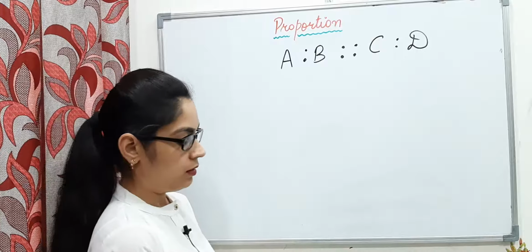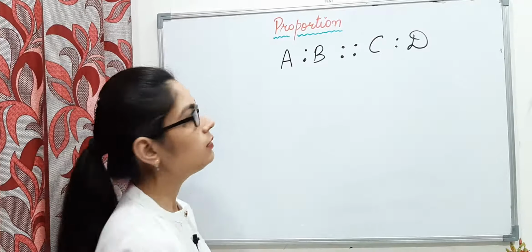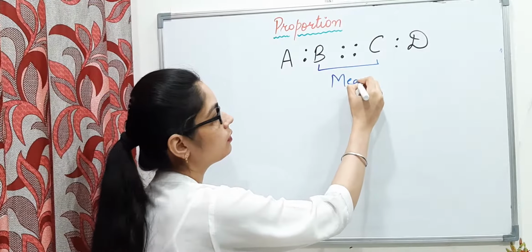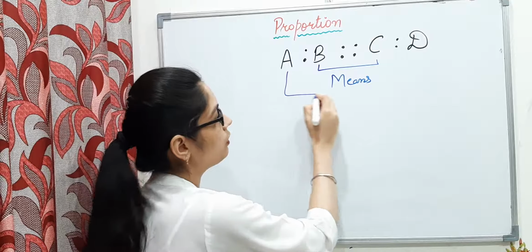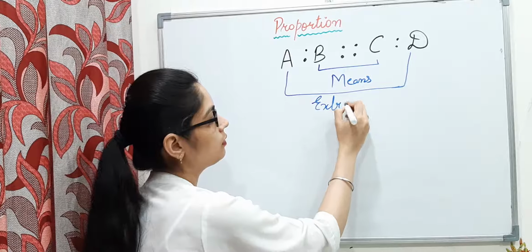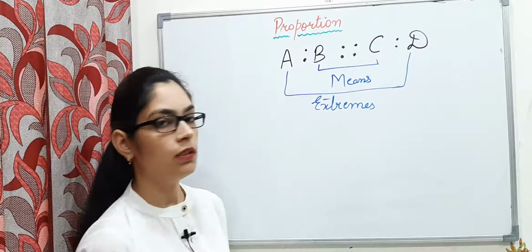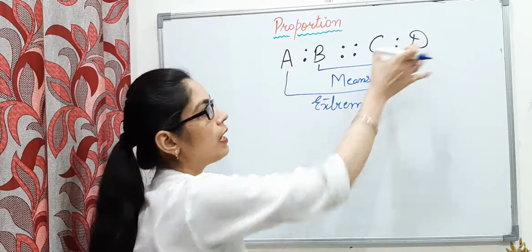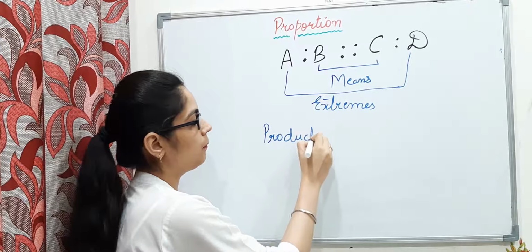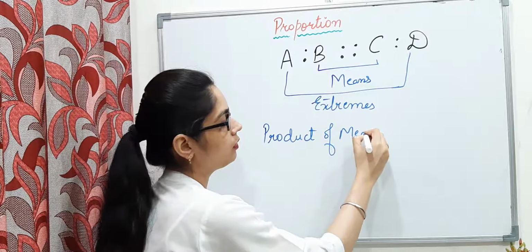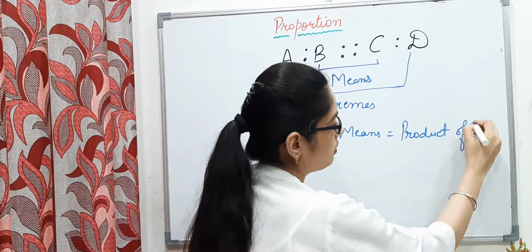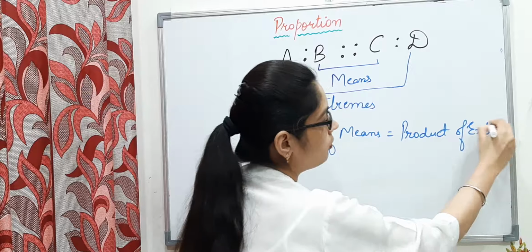See, these middle ones, B and C, are known as means, and these outer ones, A and D, are known as extremes. So when two ratios are proportional, then the product of means is equal to the product of extremes. This formula we will always use to solve the questions of proportion.